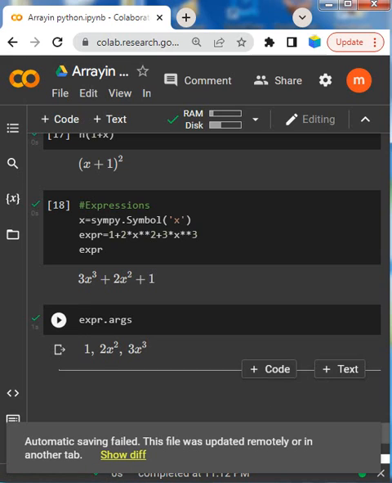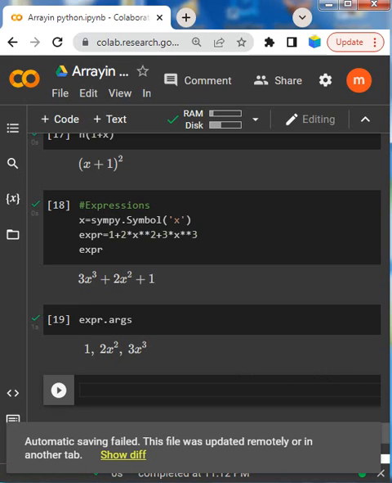I need to put what the first expression is. So expr dot args, and I put square brackets with 1. Let's see.